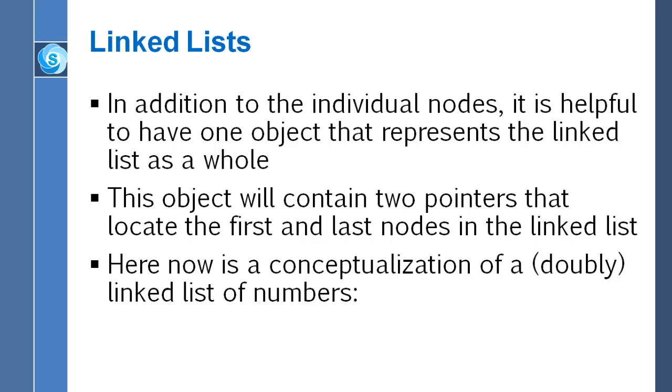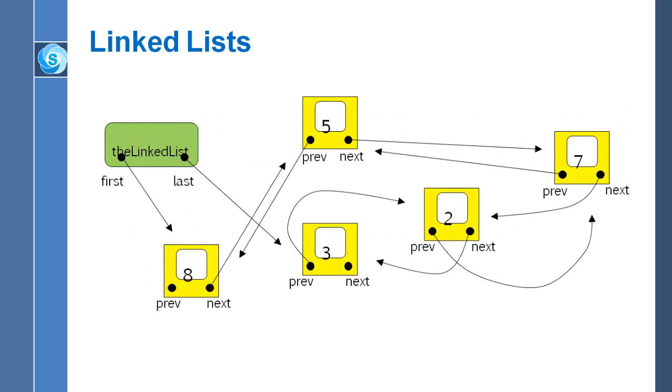So here we go. Finally, we get to a picture that I've been anxious to present here. So the following figure is a conceptual view of a linked list of numbers. Okay, a doubly linked list of numbers. Okay, I deliberately scattered these yellow boxes around.